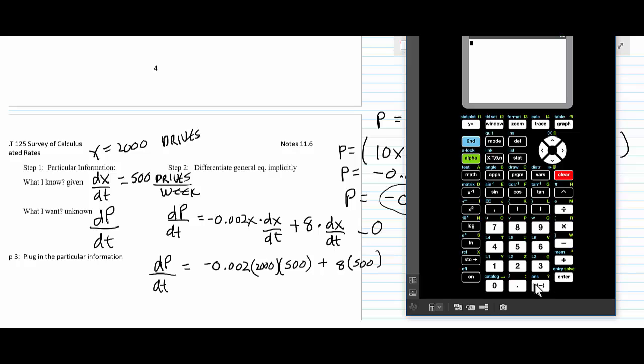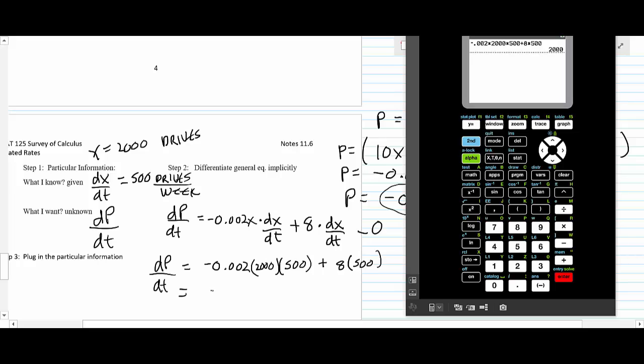We get negative 0.002 times 2,000 times 500, plus 8 times 500, which is going to be 2,000.